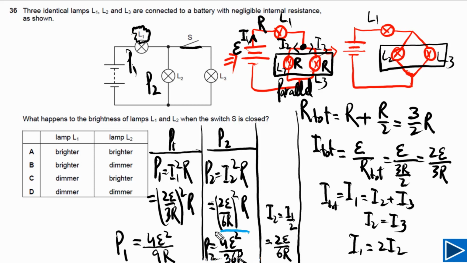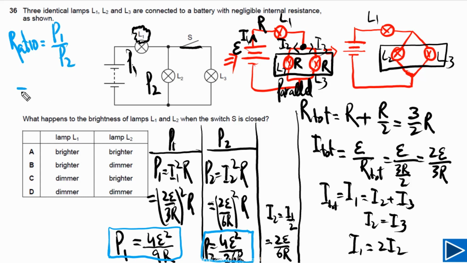So we have calculated P1 and we have also calculated P2. Now simply we need to compare these two values. First of all, let's calculate the ratio between P1 and P2, means P1 divided by P2. If we divide P1 by P2, P1 is equal to 4E squared divided by 9R, multiplied by 36R divided by 4E squared.